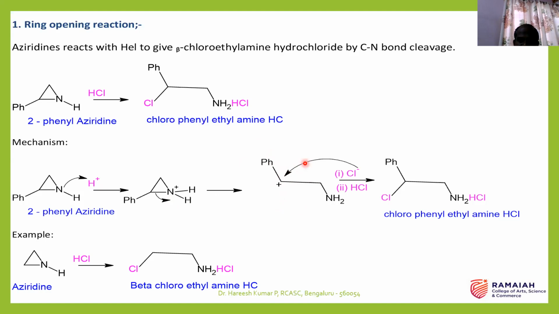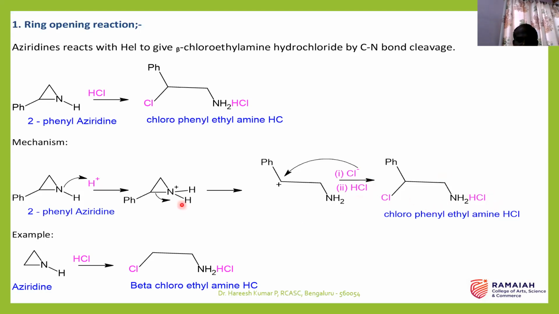Once the cation is formed, then a nucleophile comes in. Here in HCl, H is the proton and Cl is the nucleophile. Cl minus can attack this carbocation, forming a compound like this. Later on, one more molecule of HCl forms a salt.